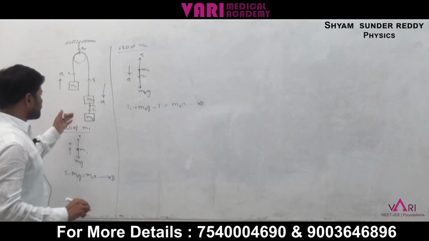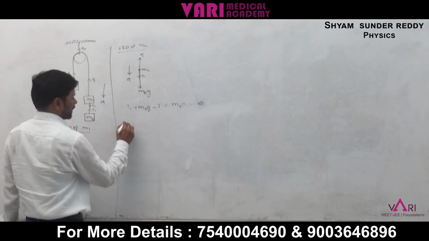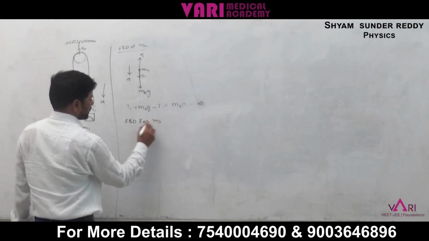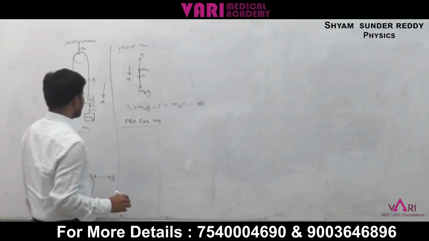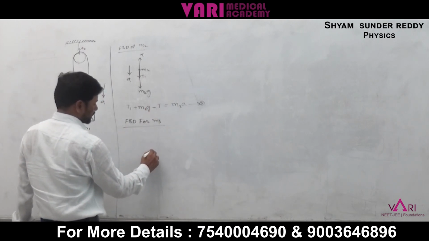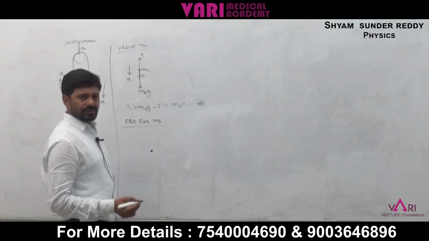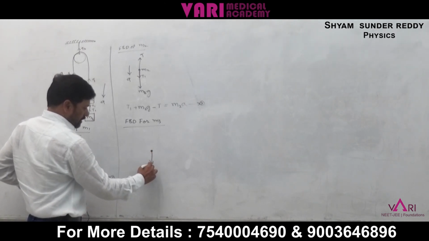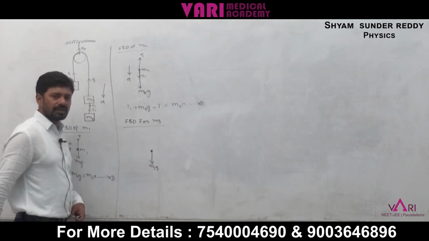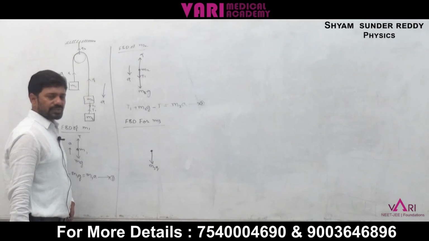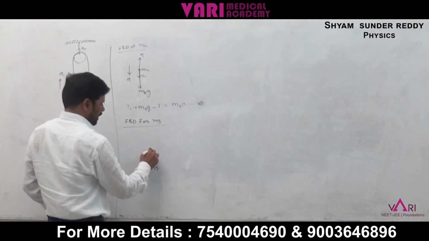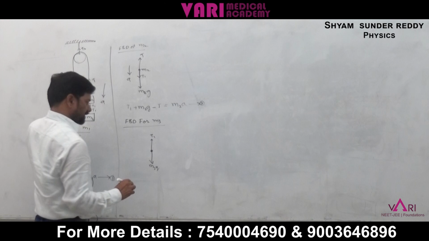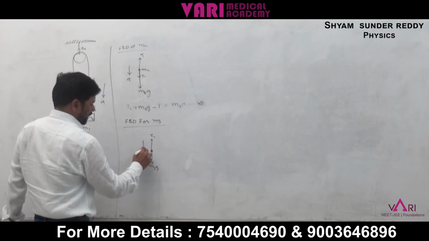And FBD for M3. How can we write this? Just take a point mass of M3. In downward direction, M3g is working, the gravitational force of attraction, and in upward direction T1. Acceleration is in downward direction.